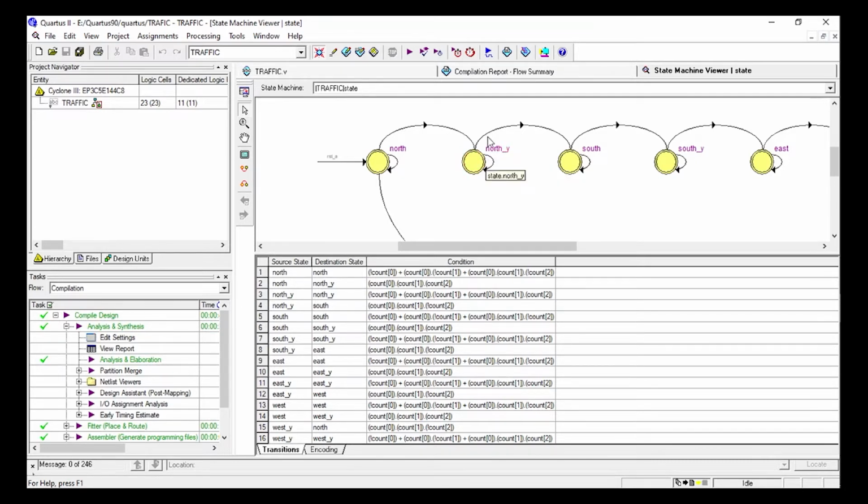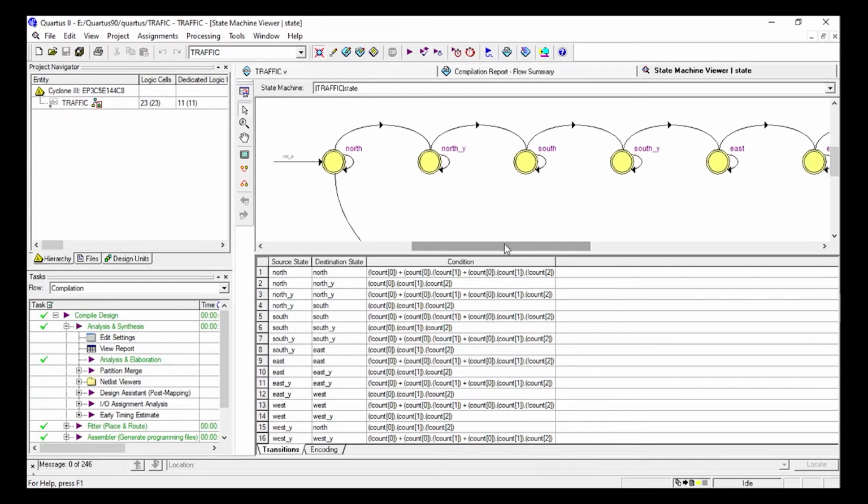Again the north y state changes to the south state when the counter goes from 0 to 3 and the 4 comes; the state will change from north y to south.